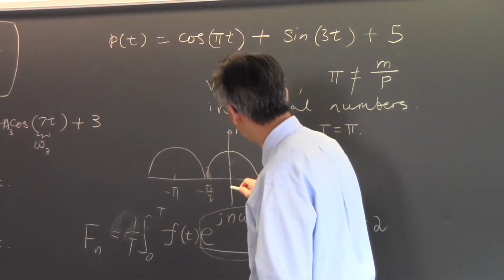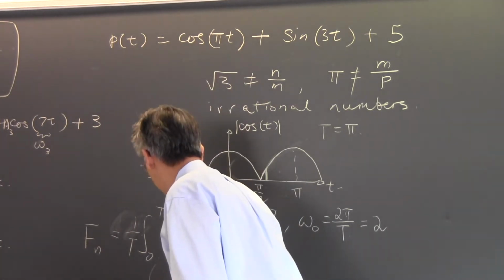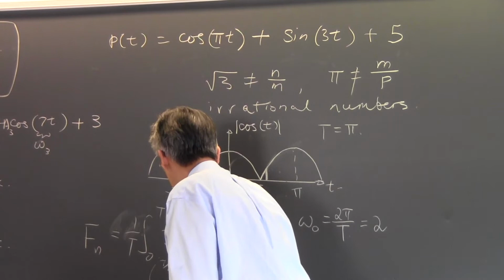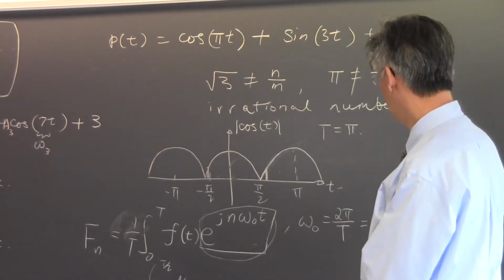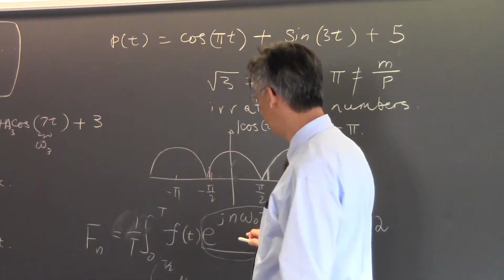So instead of integrating from 0 to T, I can integrate from minus T over 2 to T over 2. That would work just as well, for the reason that this is also a periodic function.